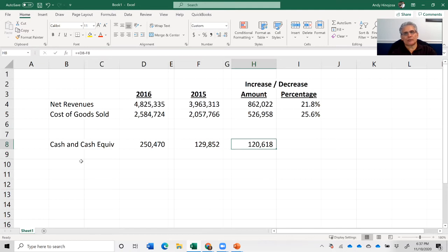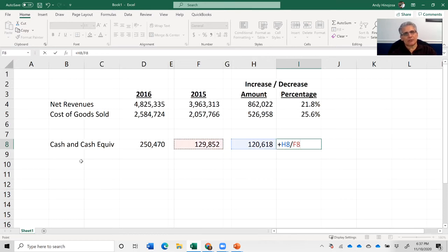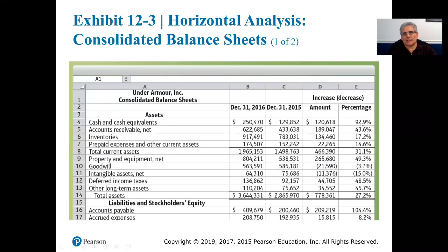That gives you 120,618,000. We then take this change and divide it by the base year, which is 2015, and that gives us 0.93. As a percentage, it's 93% or 92.9% to the nearest tenth. 92.9%.